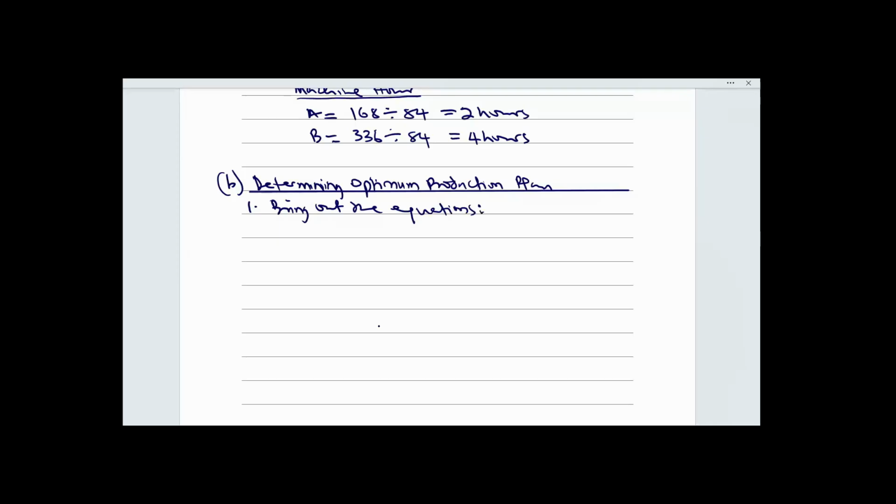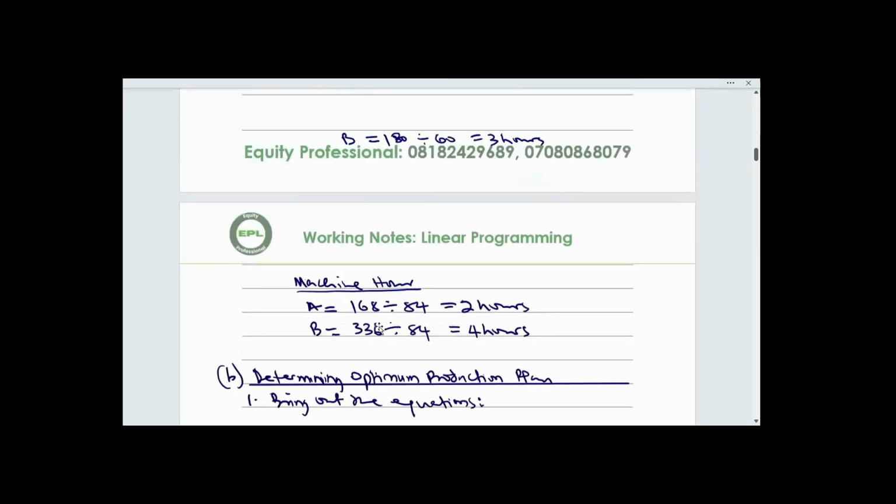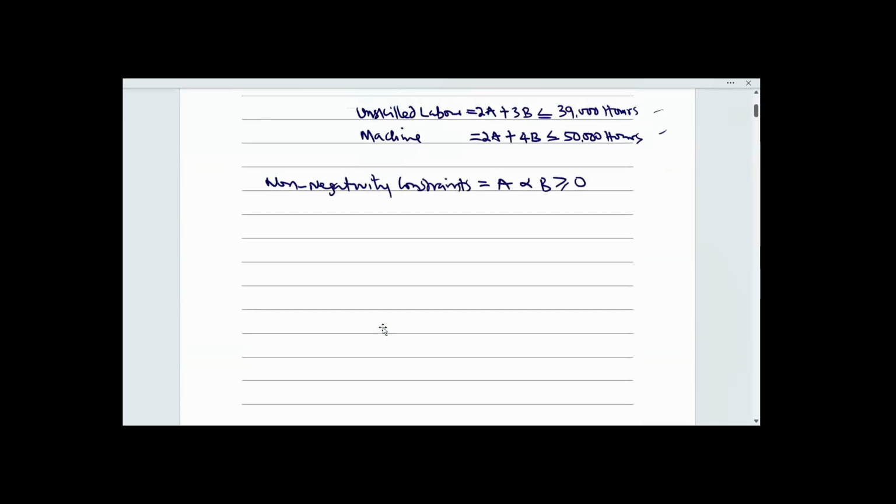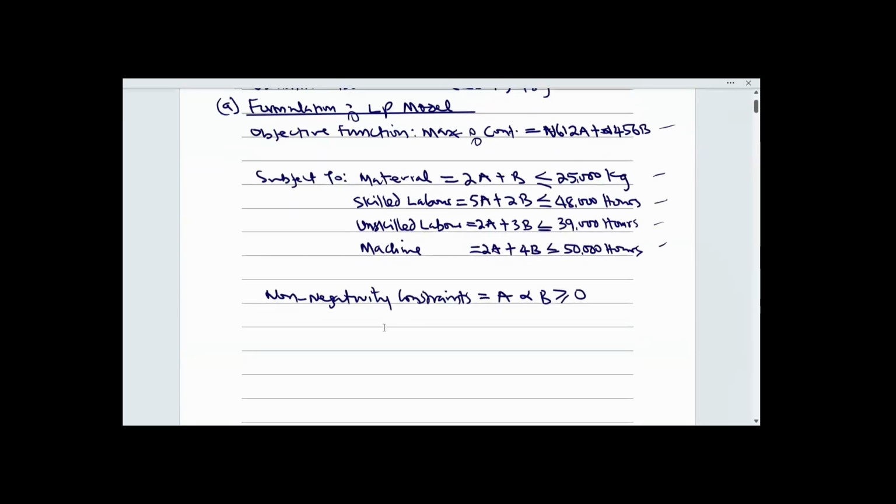What are the equations? I will go to the formulation of the linear programming model. Equation 1 is 2A plus B equal to 25,000 kilograms.